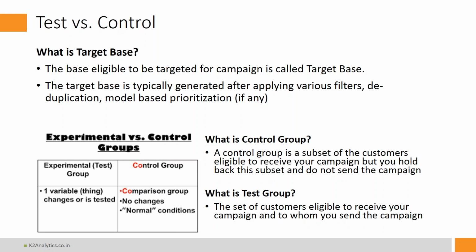The base which you do not target, you keep aside to know what the baseline is. Because when you do a campaign, there is a campaign impact, so the campaign impact cannot be considered baseline. The one to whom you do not do anything is the baseline.